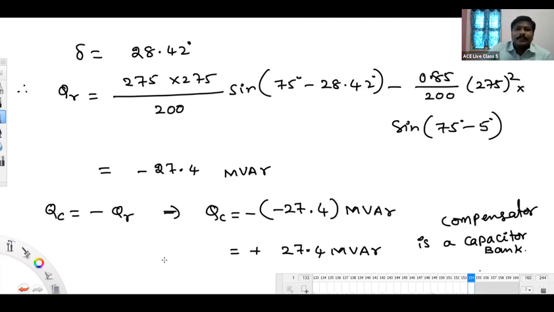Right? So I think all of you are getting this. We are keeping it on the load side only, just changing the position, connected to the receiving end bus.